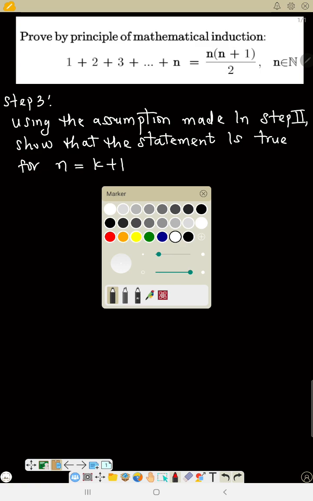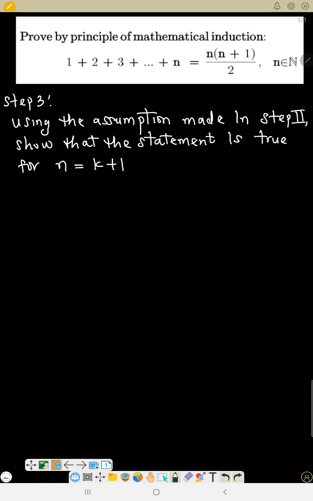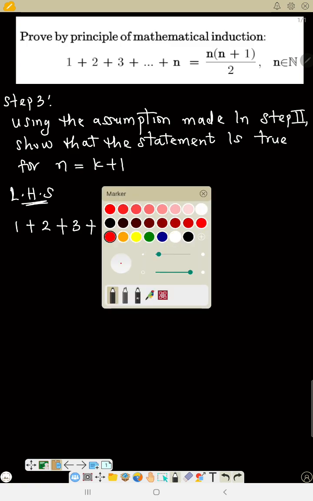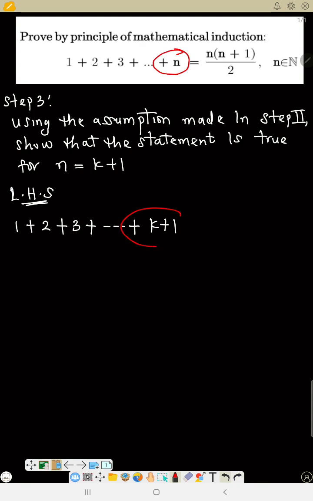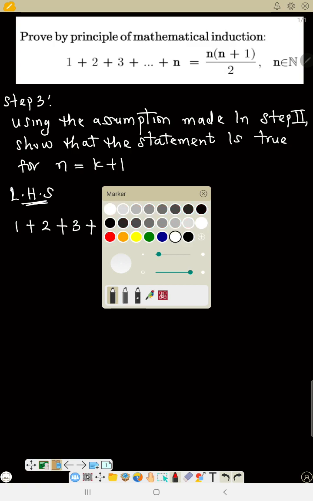So that means I will have, for the left hand side now, everything will be 1 plus 2 plus 3 then plus k plus 1. So instead of plus n, you write plus k plus 1. So n is now k plus 1 because we want to show that it's equal to k plus 1.